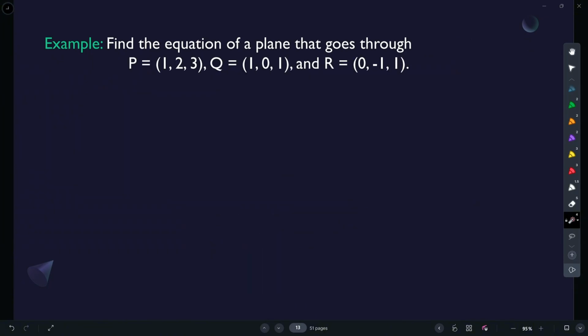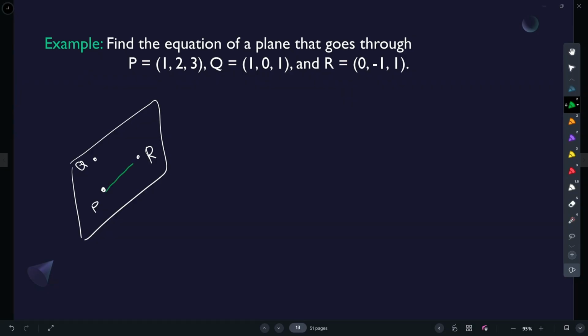Now, if we want to find the equation of a plane that goes through 3 points, then I have P, I have Q, and I have R. First of all, I can figure out what PQ is and what PR is.